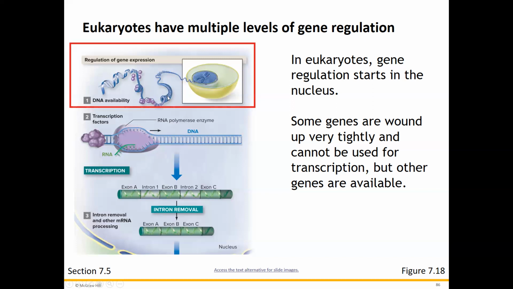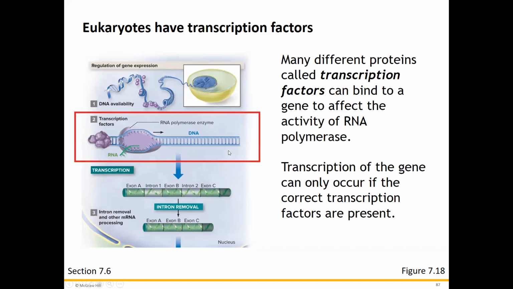And when it gets twisted or wrapped around these nucleosomes so tight, the enzymes cannot get in there to have access to the nucleotides. So that's why they're telling you some genes are wound up very tightly and cannot be used for transcription because they're just not available. But the other genes are. So that's the first regulation.